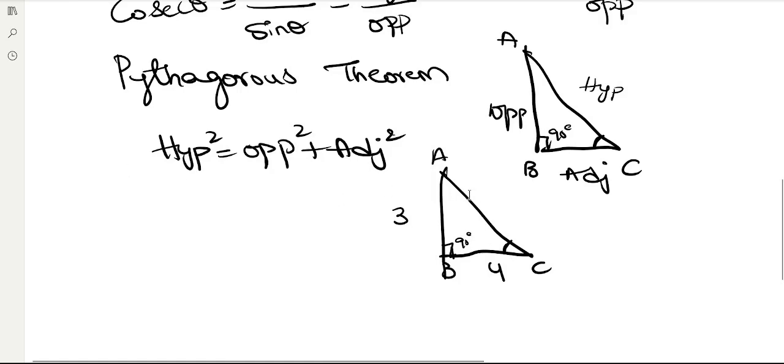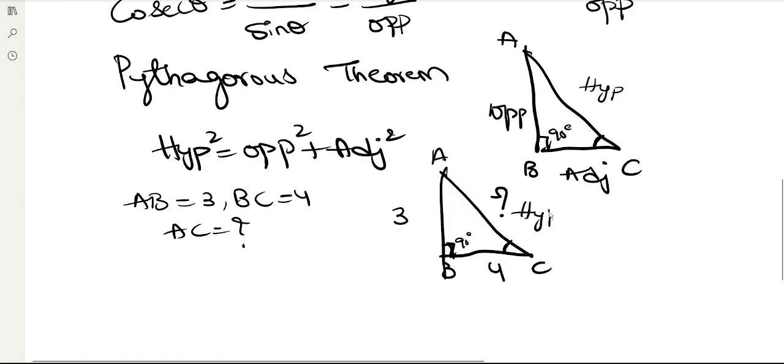The value of AB is 3 and the value of BC is 4, and we are asked to find AC. The one which is opposite to the 90 degrees angle is the hypotenuse, the one opposite to this angle is the opposite, and the rest is adjacent.